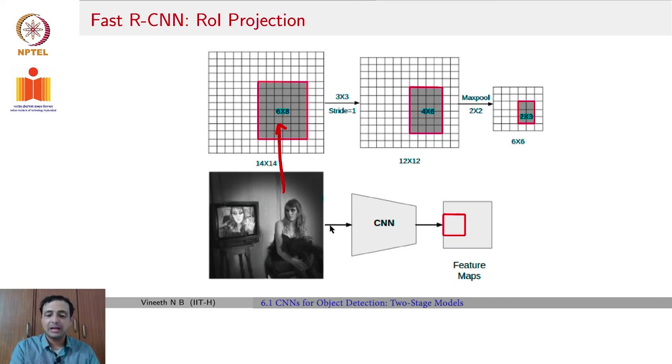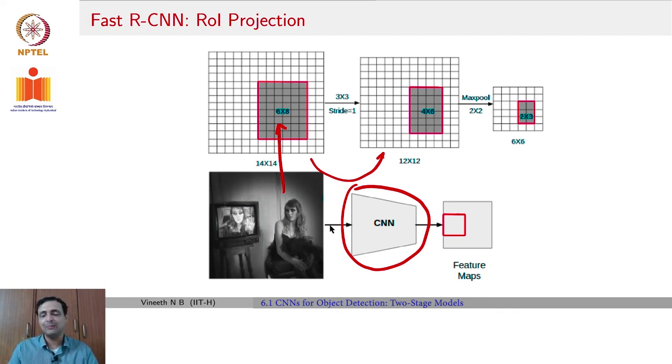Then remember that your CNN follows a set of steps where the image gets, in most likelihood, downsized as you go through each iteration, because if you perform convolution, the image size reduces. If you perform pooling, it further reduces, and so on. So you take the same region proposal's dimensions, keep forward propagating it through a similar set of operations, and you would notice that this 6x8 patch matches to this 2x3 patch on the feature maps.